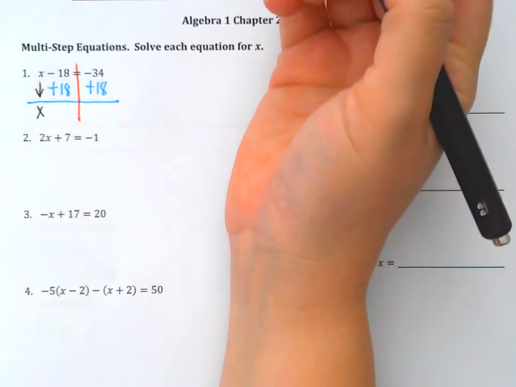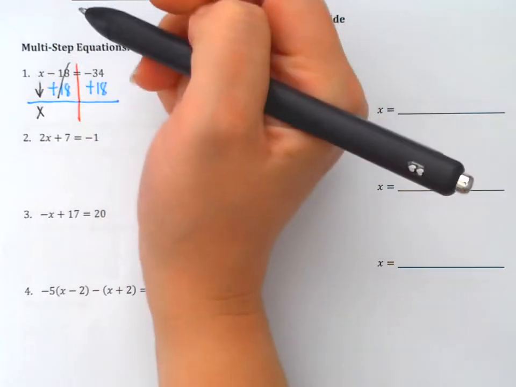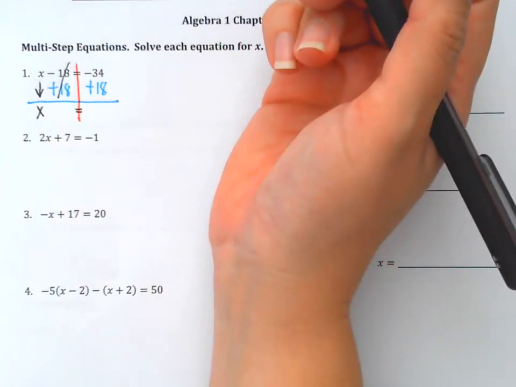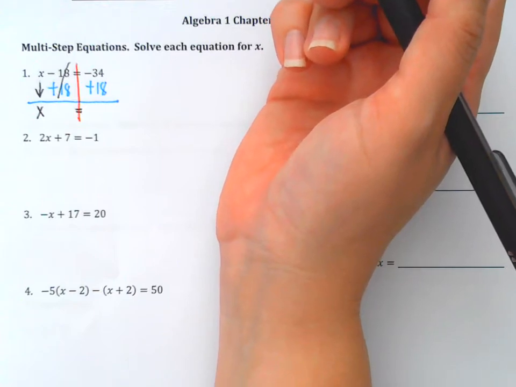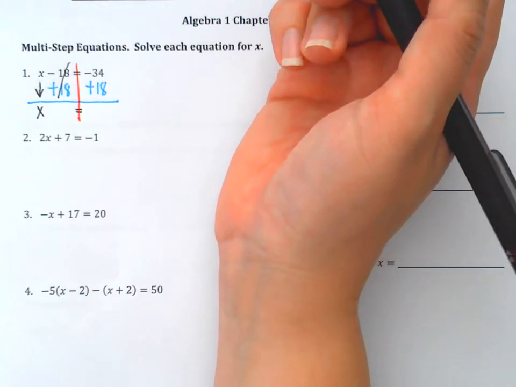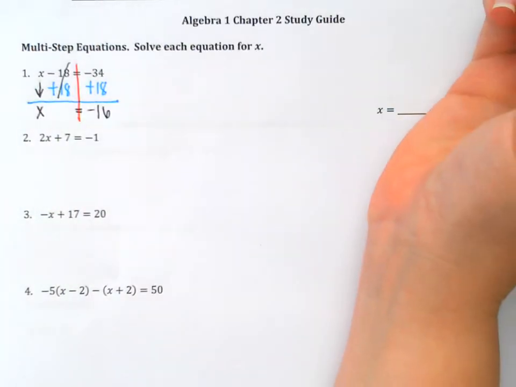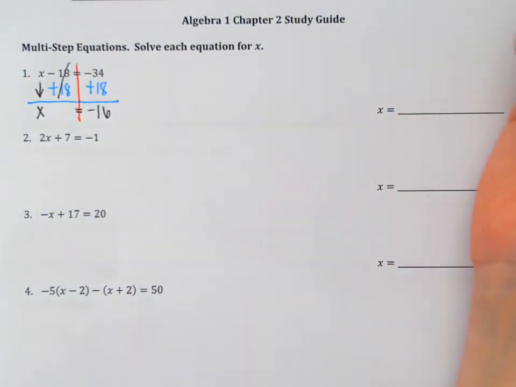Negative 18 plus 18 is 0, which is what we want, equals negative 34 plus 18. I need to do that in the calculator. That gets me negative 16. And so x equals negative 16.